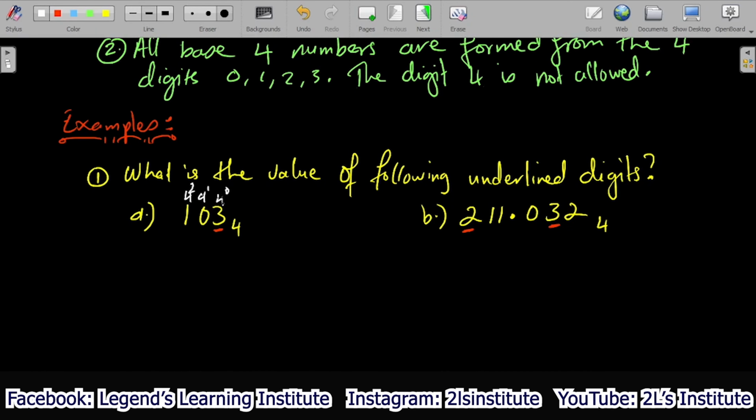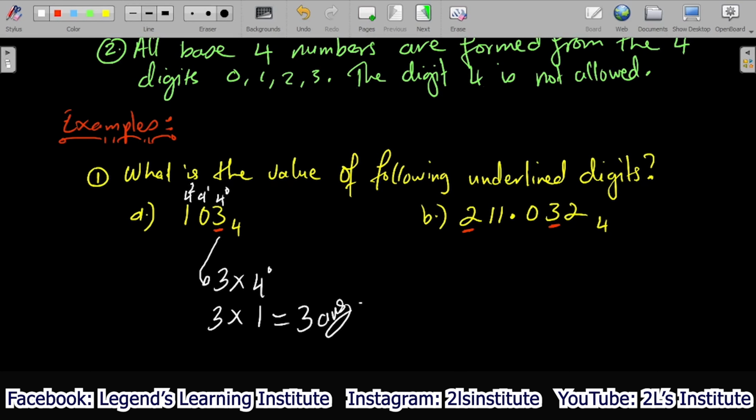The 3 is in the units place, so the value would be the face value, which is 3, times the place value, which is 4 to the power of 0. 3 times 4 to the power of 0 is the same as 3 times 1, which is 3, and that's the answer there.